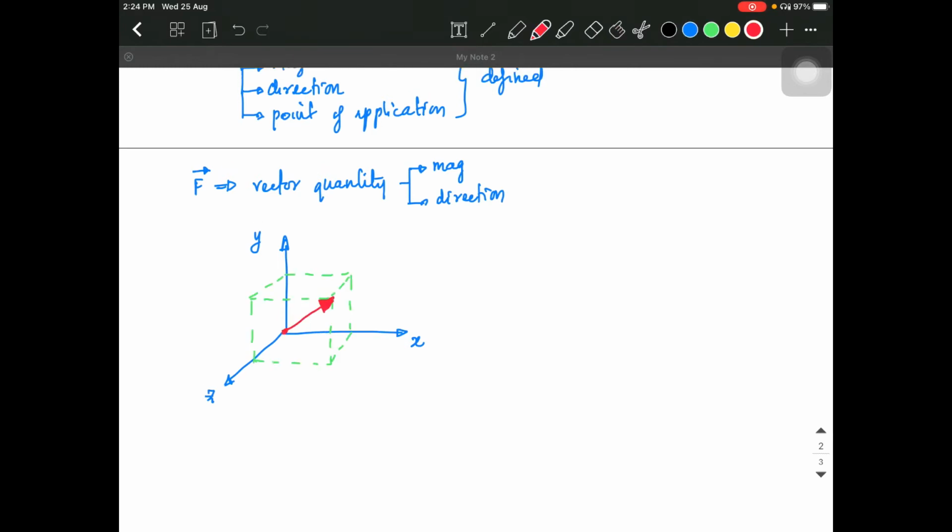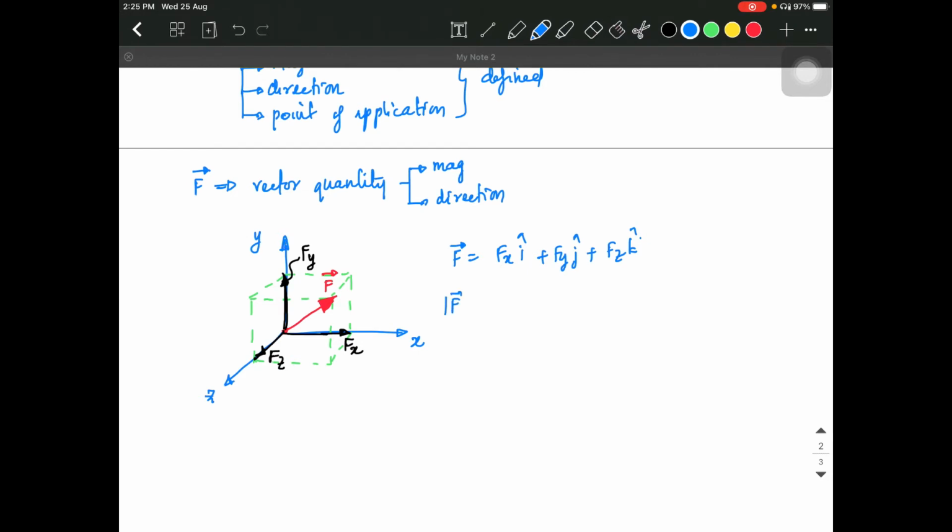Let this be force F, having components along the x, y and z directions, denoted Fx, Fy and Fz. We can denote our vector F as Fx i plus Fy j plus Fz k. This is the component form of a force.